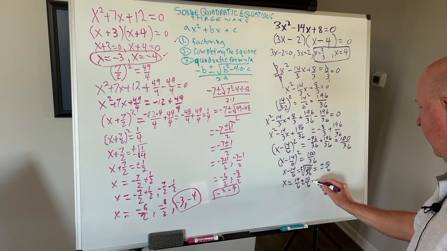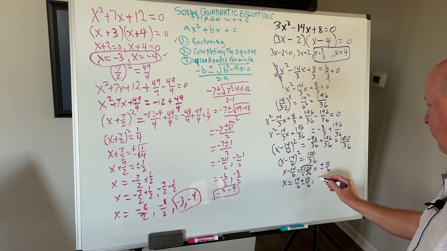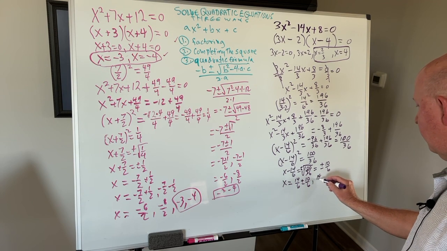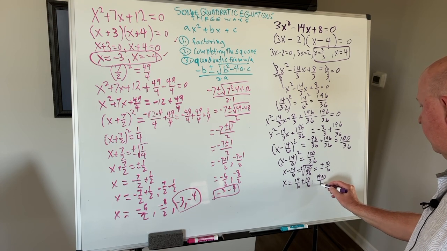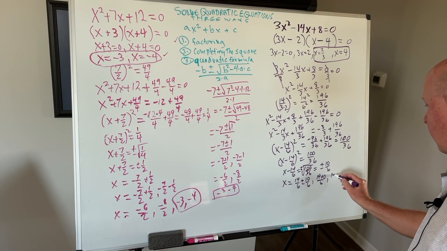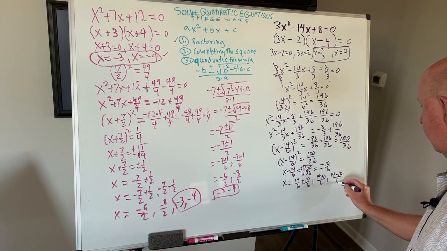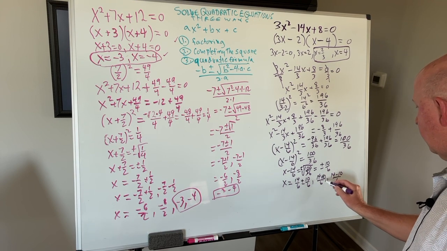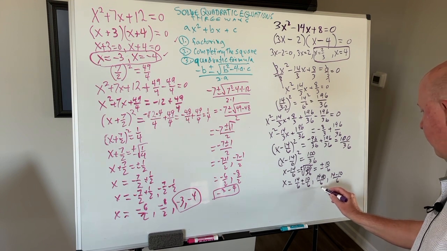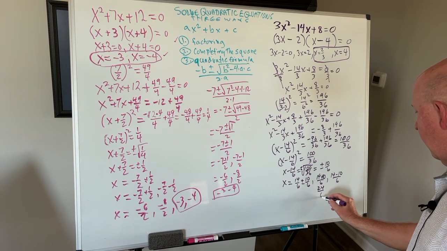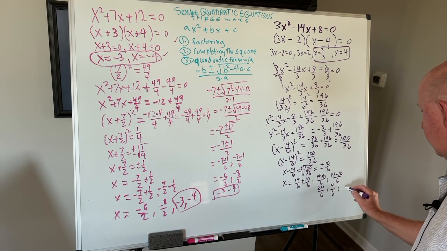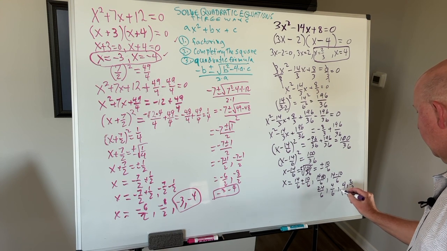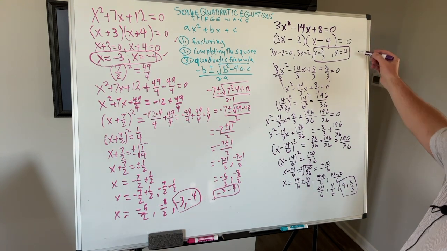And then that is 14 plus 10 over 6, and then 14 minus 10 over 6. Oops, that's not a 10. Okay, so then this is 24 over 6, or 4 over 6, which is 4 or 2/3. And that's the same as I got here.